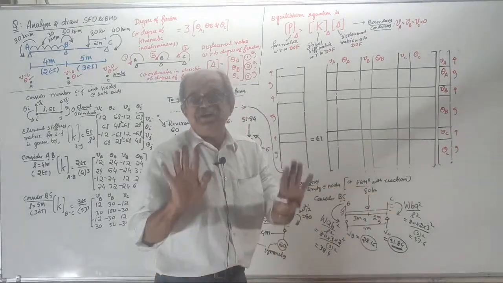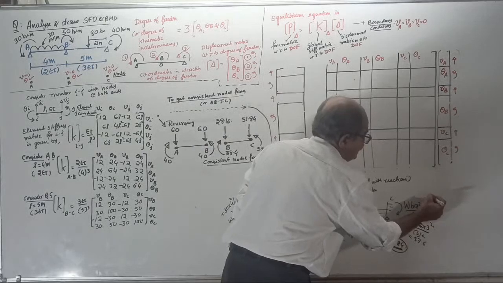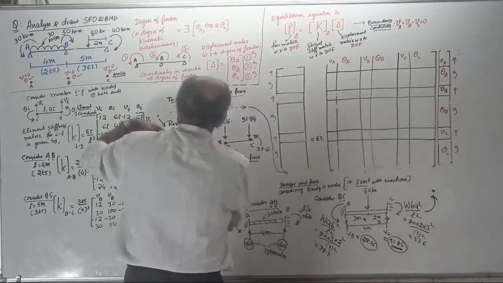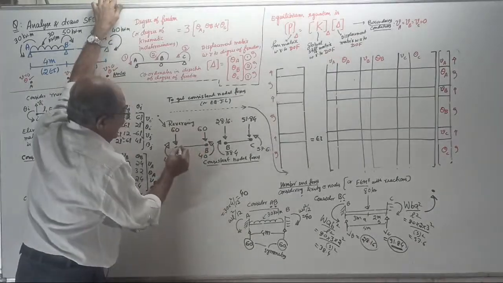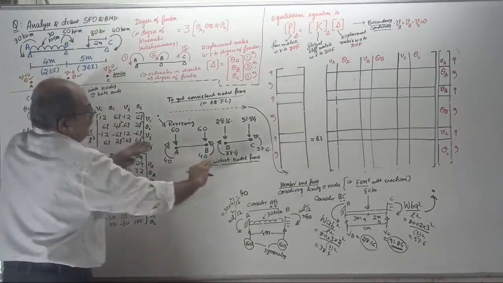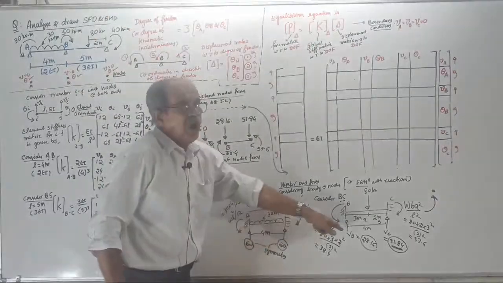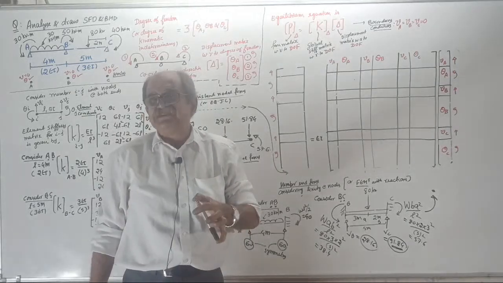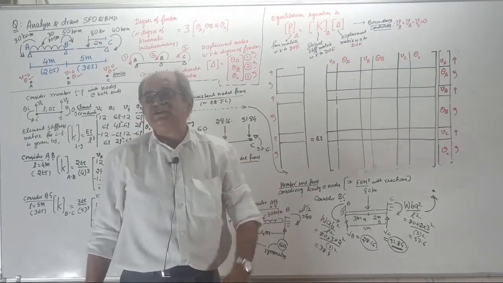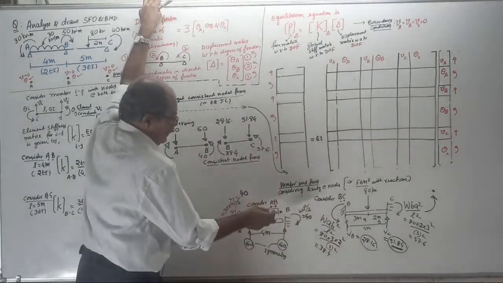Once this much is over, see, next step is here. Now you write a neat sketch. AB and BC separate. Nodes are there. Whatever you got here, you have to reverse. That is the principle of equivalent joint load or consistent nodal forces. See now.